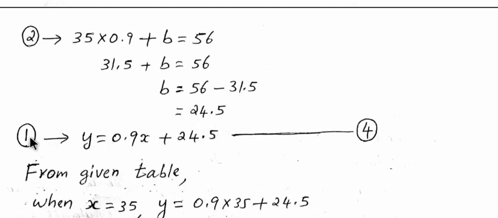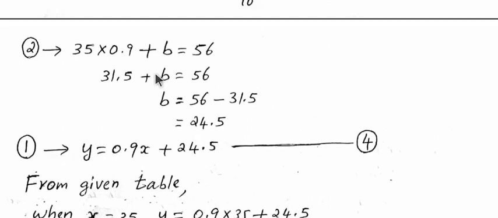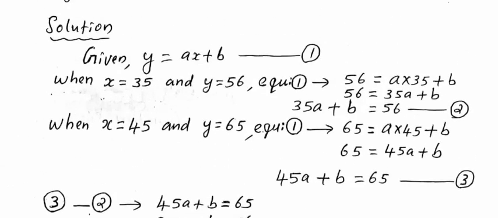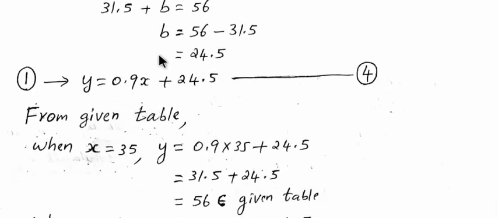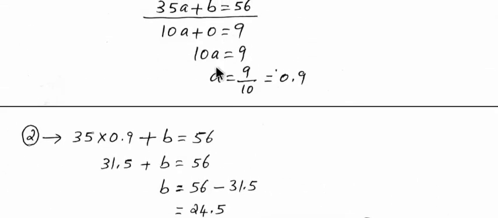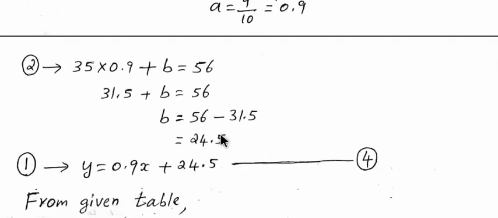Now, what is equation number 1? y is equal to ax plus b. We can substitute the values of a and b. Therefore, y is equal to ax plus b becomes y is equal to 0.9x plus 24.5.